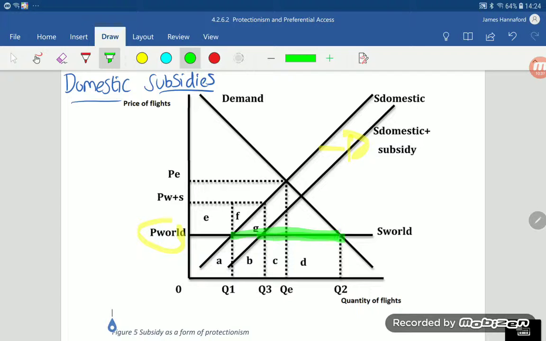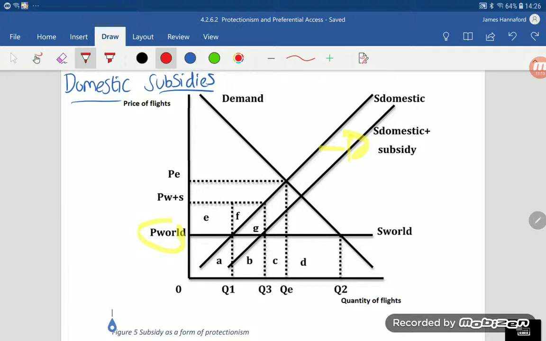Let's make that a bit clearer. So from Q2 to Q3. So to repeat, imports reduced from Q1 to Q2, the green line, and they fell to Q2 to Q3. In other words, Q1 to Q3 was now being supplied domestically. That was flights being supplied by the domestic airline.